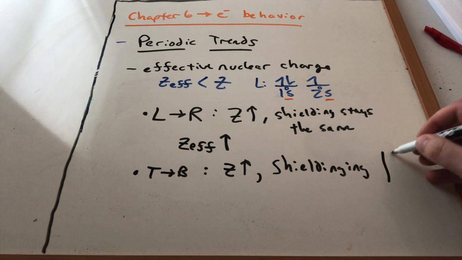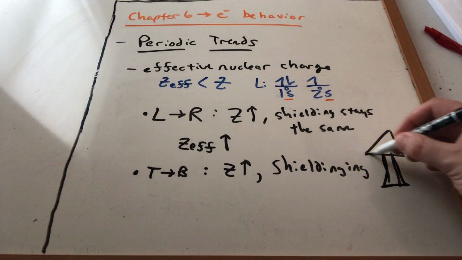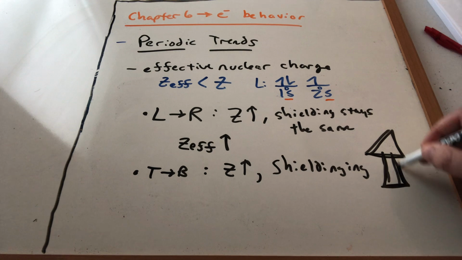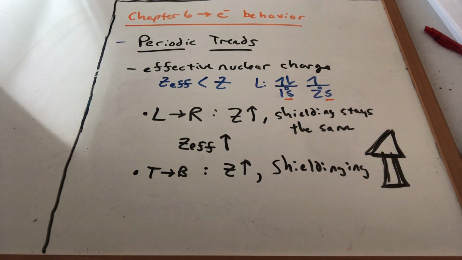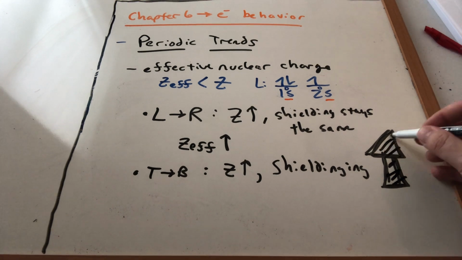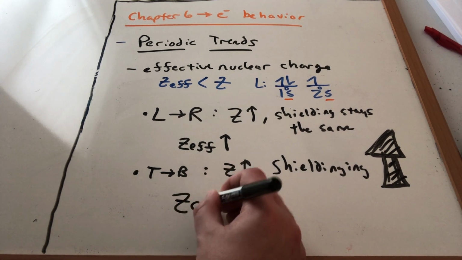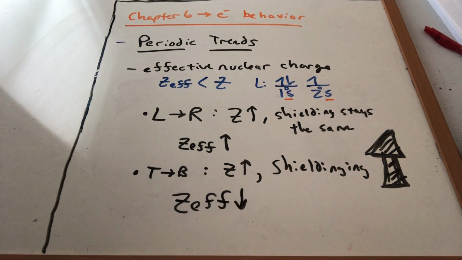And shielding has a much more dramatic effect on things than Z. So shielding goes way up. So even though Z goes up, shielding goes up, and this matters more. And so as you go top to bottom, Z effective goes way down. Okay?